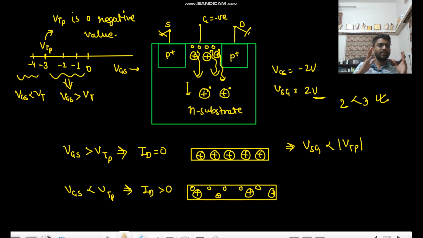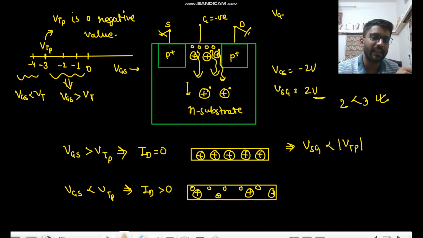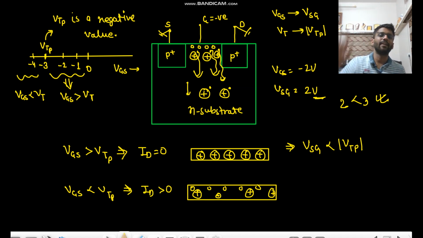When people get confused, what we need to do is, what did we study in NMOS? VGS should be greater than VT. We just need to replace VGS with VSG and VT with mod of VTP, because VTP is a negative value.